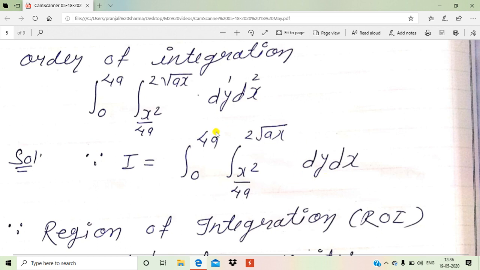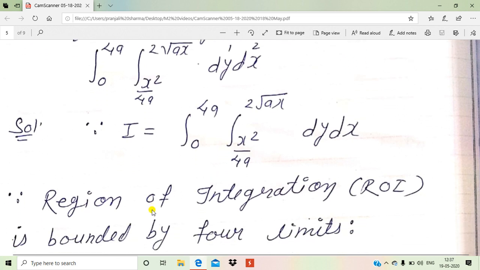Then on the same region of integration, we will change the strip. If it is vertical, then we have to change it to horizontal, and if initially it is horizontal, then we have to make it vertical. So we will trace all the four curves and try to find the region bounded by them.